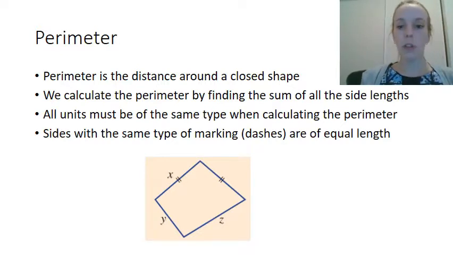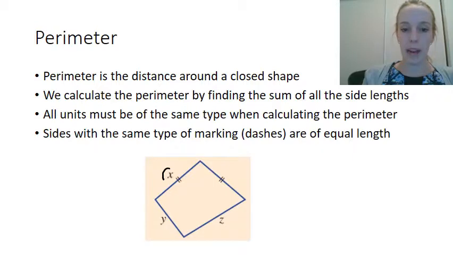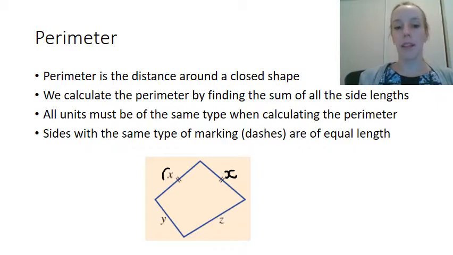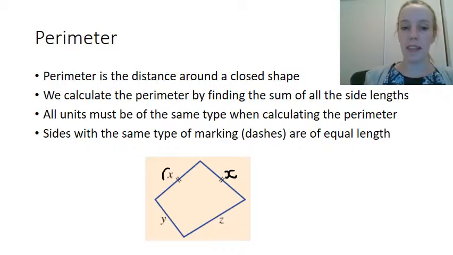Sides with the same type of marking, the dashes, so you can see here this side that's labelled X has these two dashes, and this other side here does as well. That means they're the same length, so they would both be that distance of X. So if we were to calculate the perimeter of this shape below, it's the sum of all the sides.